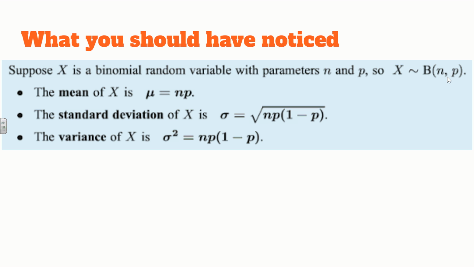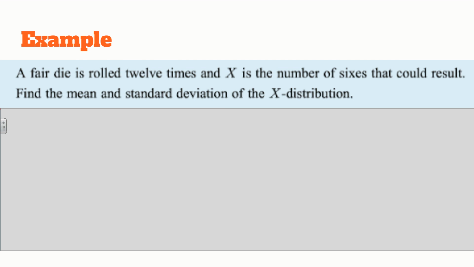Once we know that, we can use those formulas to find the mean and standard deviation of particular outcomes. This example says a fair die is rolled 12 times, and x is the number of sixes that could result. Find the mean and standard deviation for the distribution of x. In this situation, we want to know what n and p are.